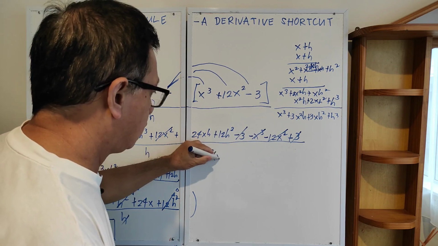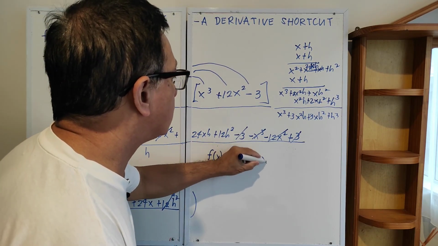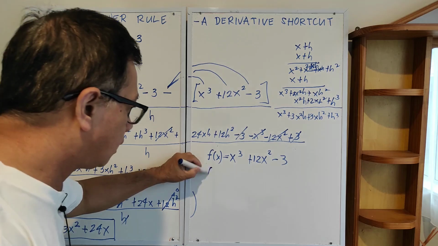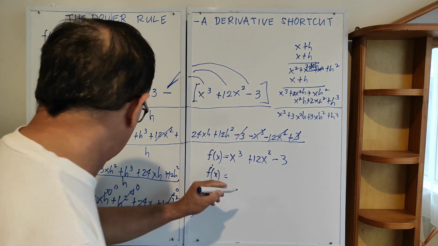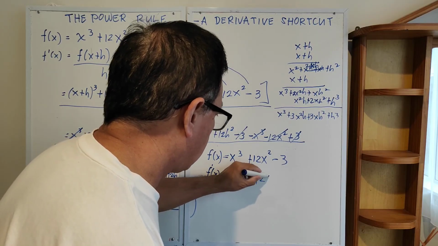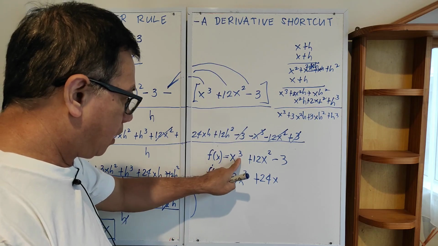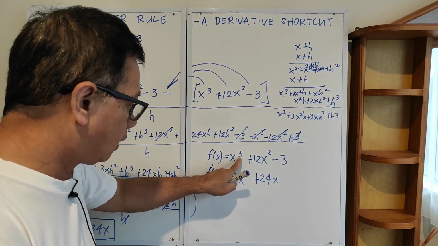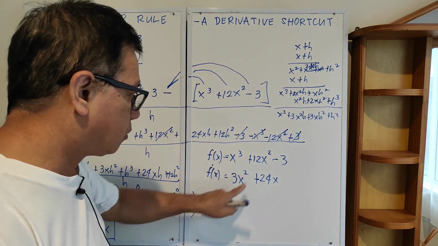Now let's compare this with the original equation. The f of x is x cubed plus 12x squared minus 3. Now when we took the derivative, f prime of x became 3x squared plus 24x. If you notice, the 3 went down in front, and the power was subtracted by 1, so cubed became squared.